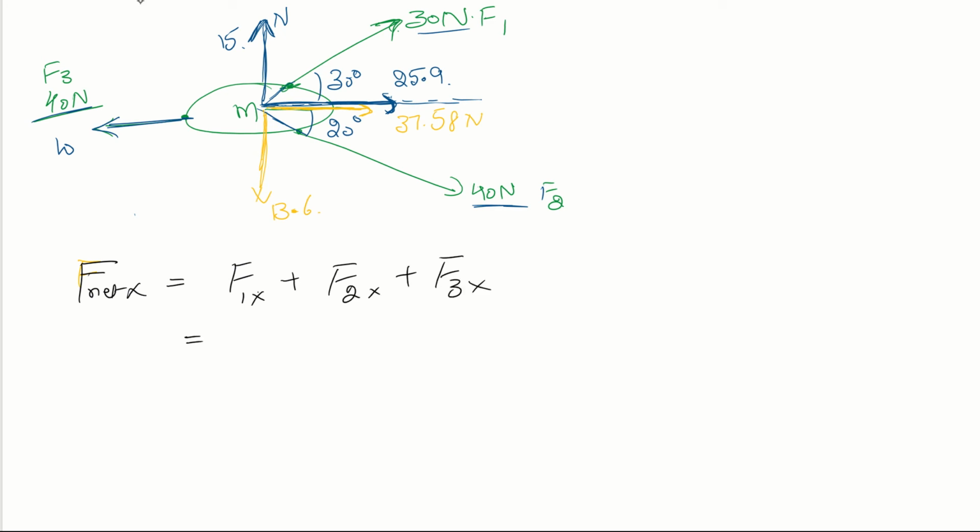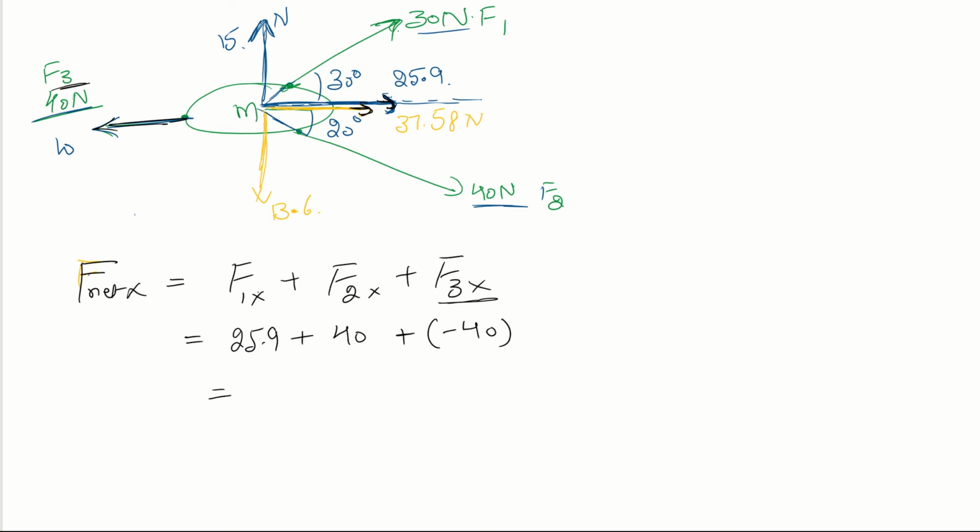For F3 there is only an x component, there is no y component, so F3x will be the same value, 40. This value is 25.9 plus 40, both are acting in the forward direction, towards the east, so that's why I've kept it as positive. This 40 Newton is acting in the backward direction, so I'm going to call it a negative force.